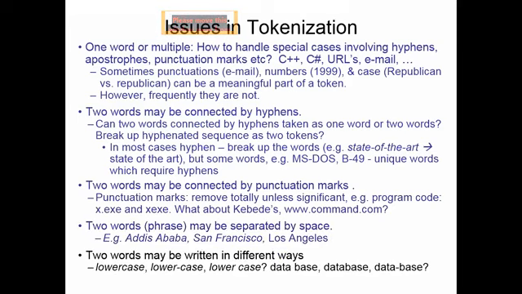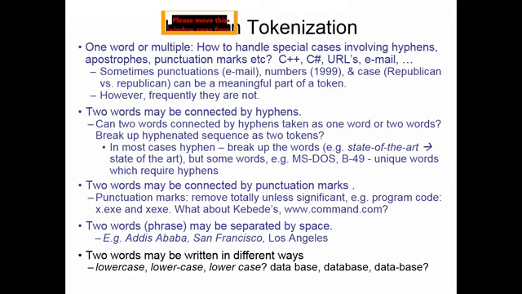Even sometimes a variety of writing, not only a space between words that are forming one word, but also we are writing in a variety of ways. How you are writing database? Is that one word without space or with a space?